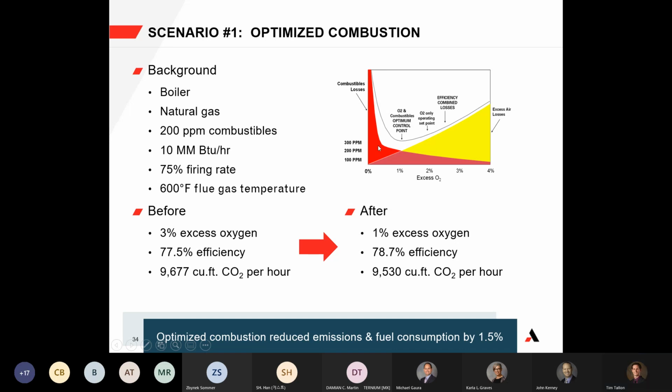That's why optimized combustion requires at least two measurements: oxygen measurement and combustibles measurement, in order to ensure safety on that back end. You could further supplement it with methane measurement to provide additional monitoring to ensure that you're in safe limits. That's a great question, and that's also why we advise at least those two measurements prior to doing any type of optimized combustion.